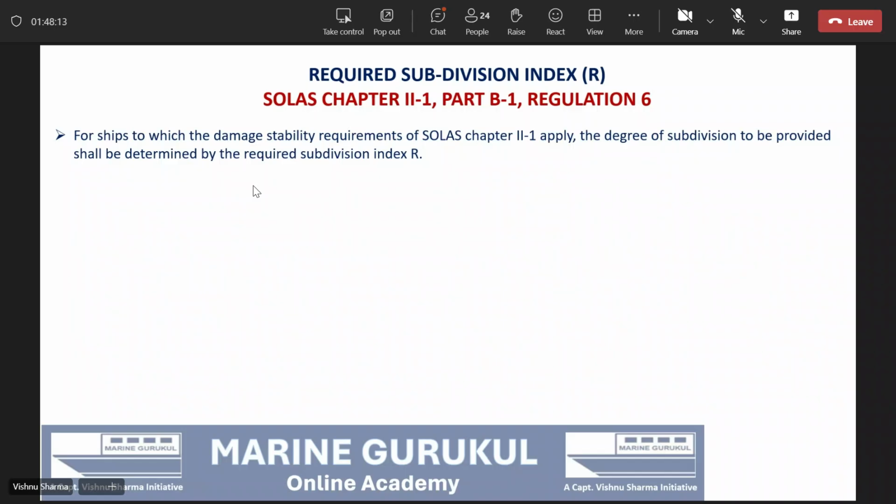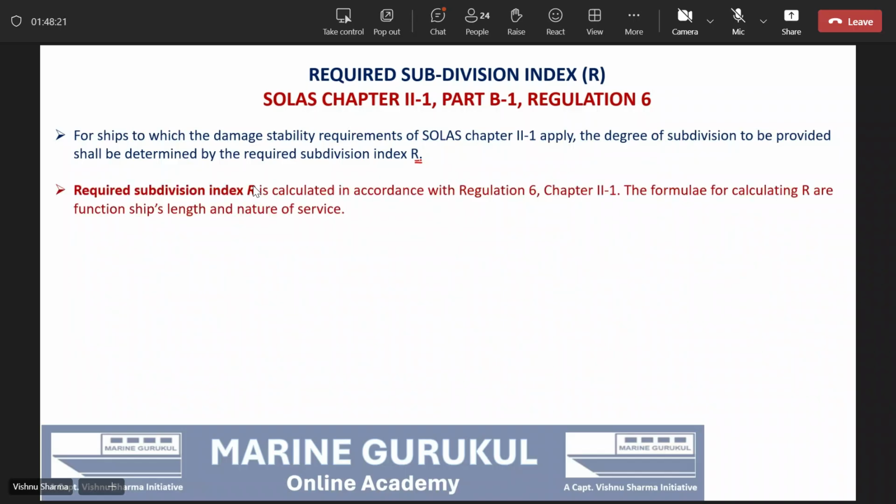It will be determined by something called the required subdivision index, represented by capital R. This required subdivision index is calculated in accordance with regulation 6.